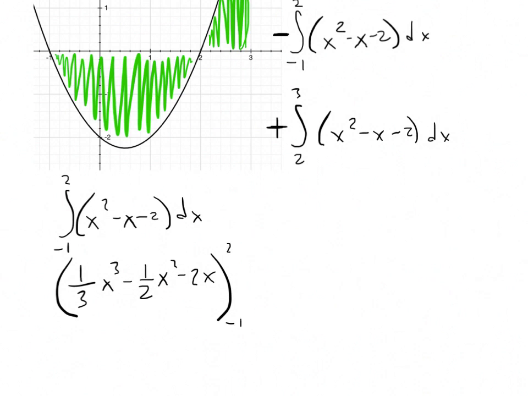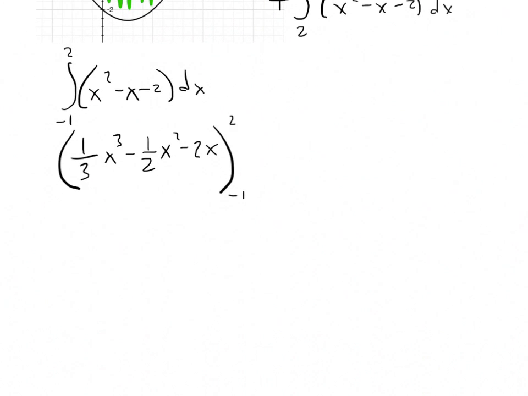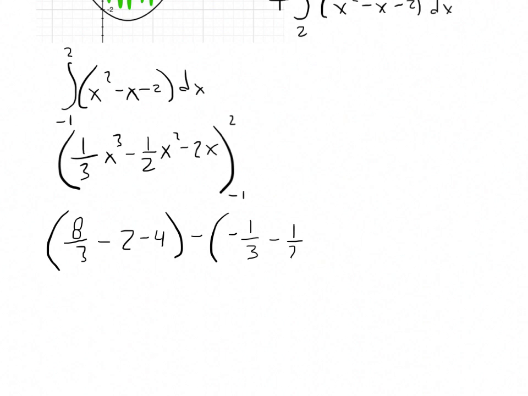This goes from -1 to 2. When I plug things in here, I'm going to end up with 8/3 minus 2 minus 4, minus, and then plugging in -1, I'll end up with -1/3 minus 1/2 plus 2.